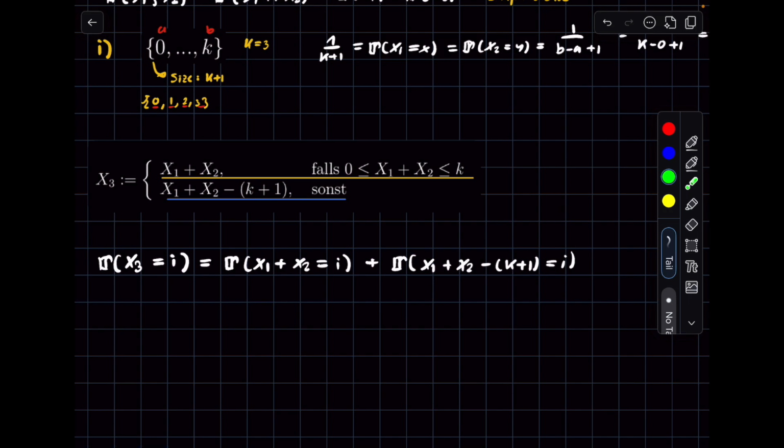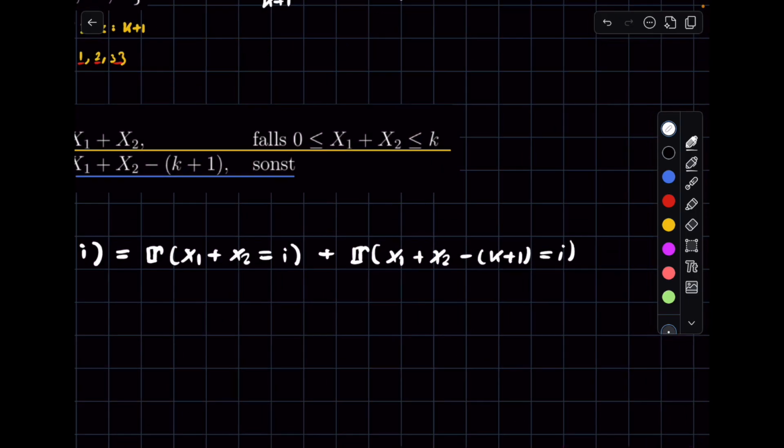Whenever we have a piecewise function, we have to understand that these are like OR cases: it could be this case or this case. And when we have an OR situation, we use a plus.